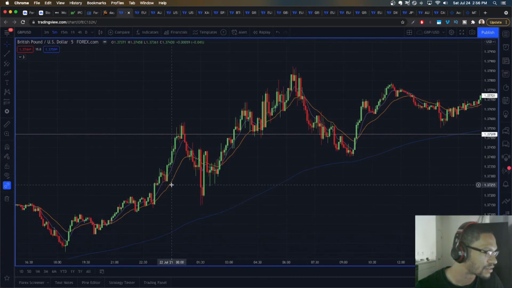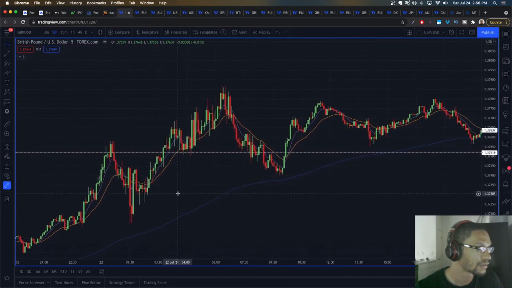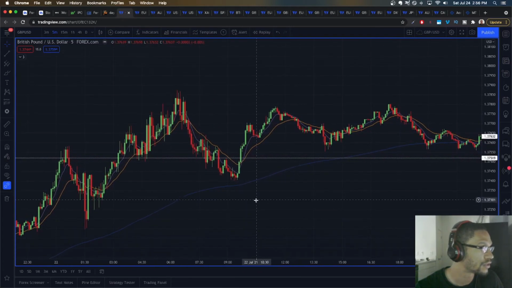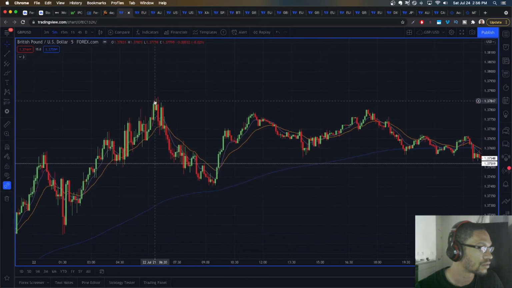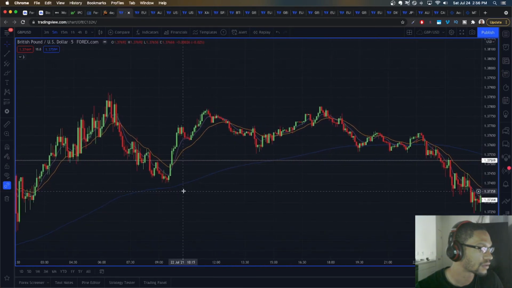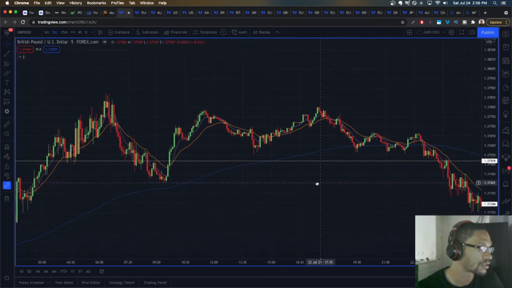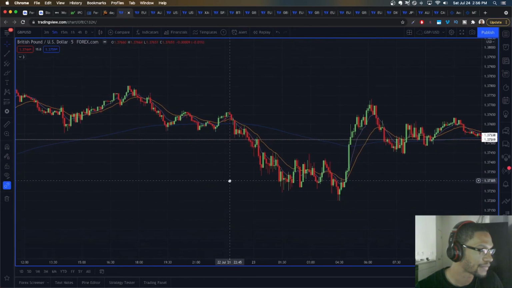Okay, we're in Thursday now. This move is very overextended. You got an engulfing top here. Engulfing bottom here. And then this is Friday, right?